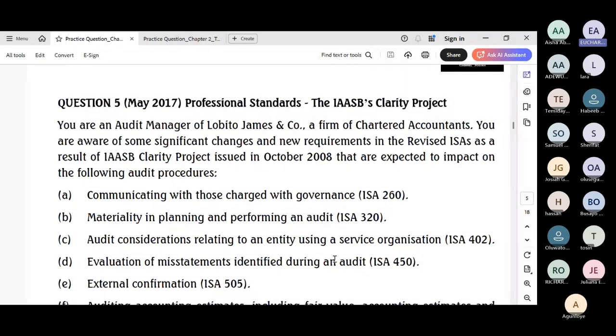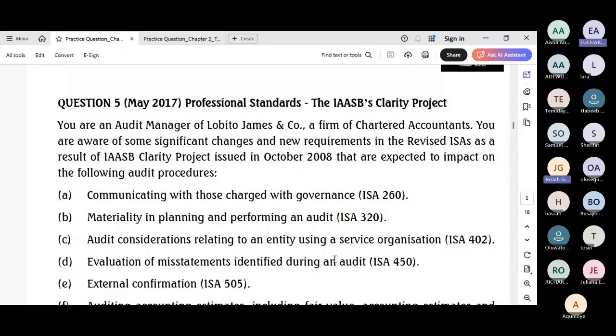This IASB clarity project, I think it's talking about the revised ISAs. Yes, those ISAs that were revised and provided for clarity. They provided some in October 2008 to clarify one or two things, some ambiguities like that. I didn't expect them to test it, and I noticed he tested it in about 2 diets.